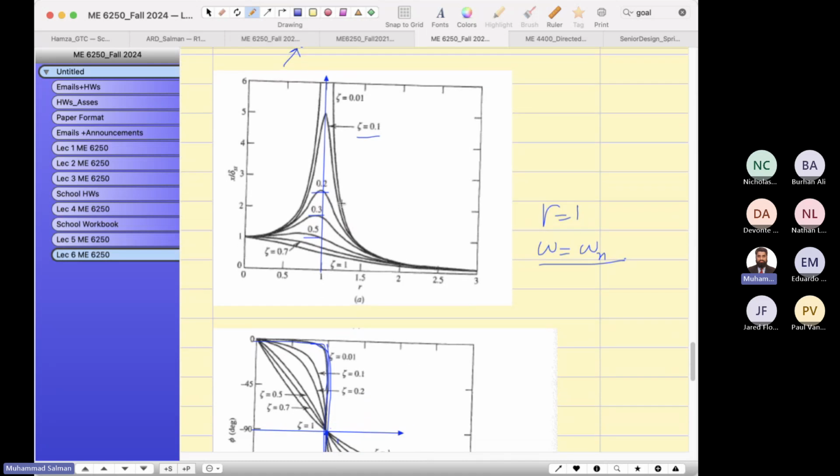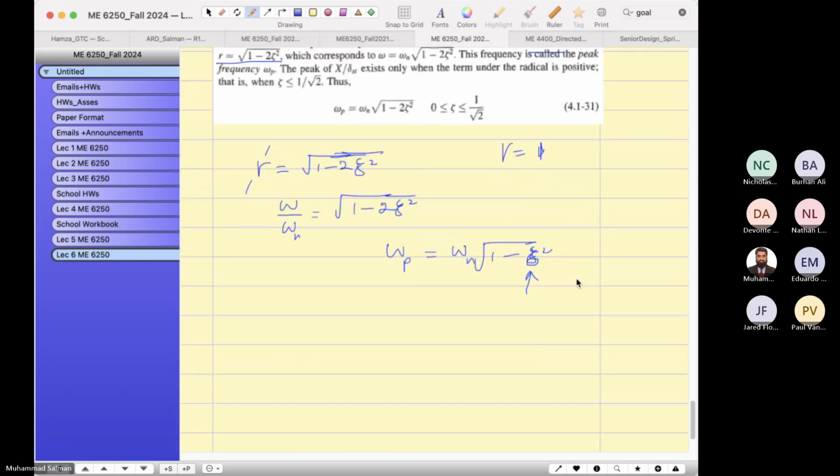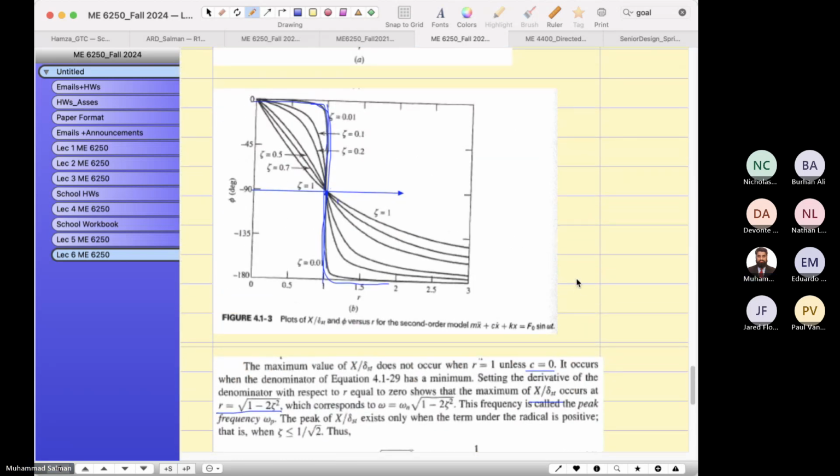So you see it's a little bit shifting here. The peaks are coming a little bit behind the actual value of r, because of the damping coefficient. It is still considered as resonance or high peak resonance.